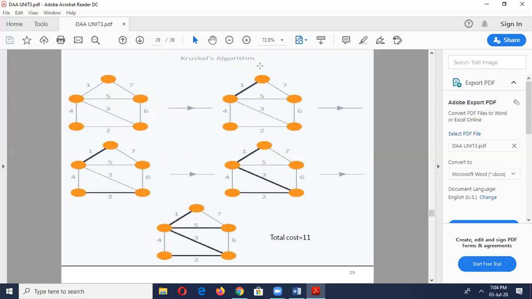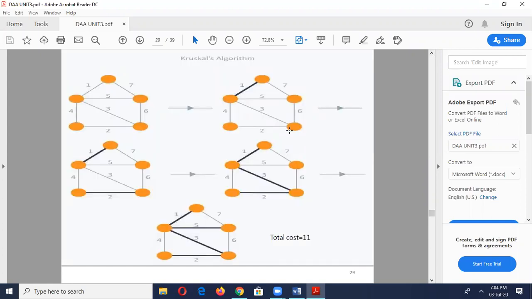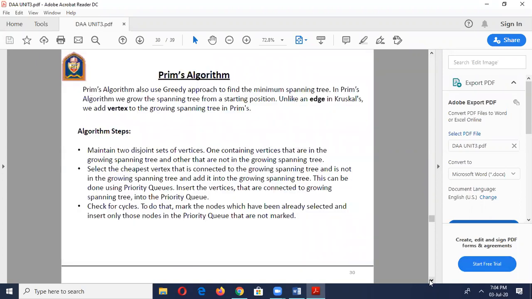And again, since it should not form a cycle, we are taking the minimum edge 5, not 4. So here the total cost is 11. So 1 plus 3 plus 2 plus 5. Next algorithm.